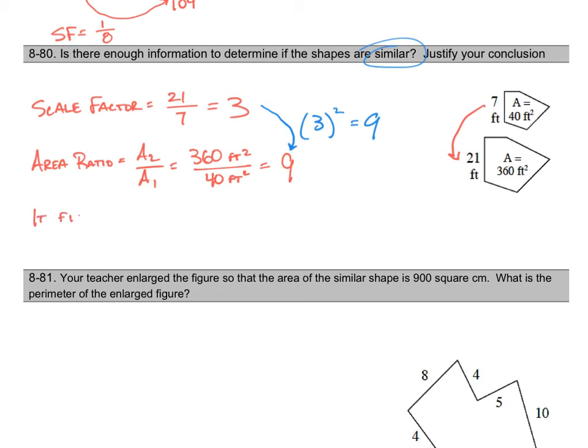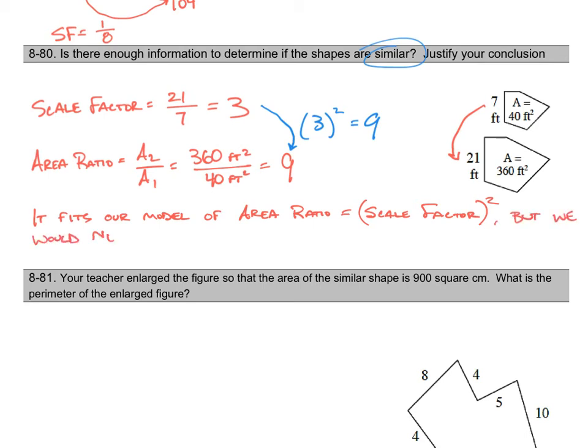It fits our model. Fits that model of area ratio equals scale factor squared. We really would need more info here. The shapes look similar.